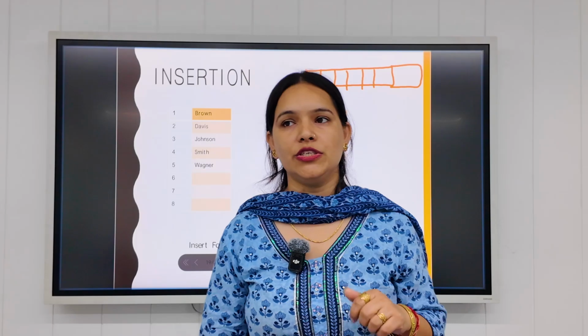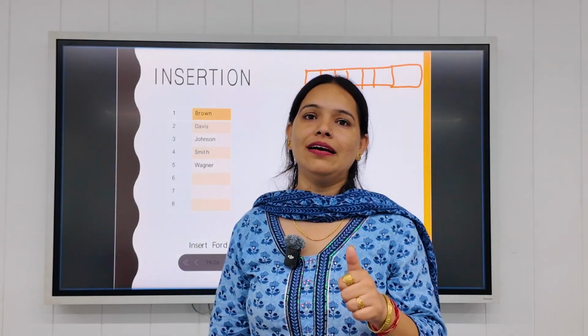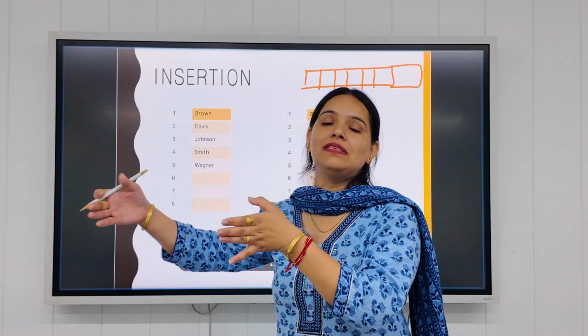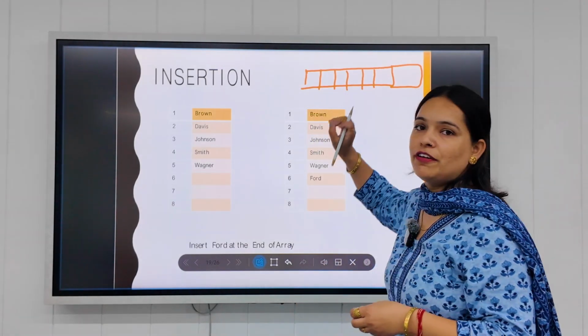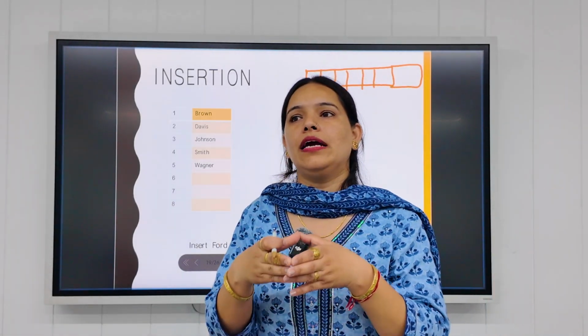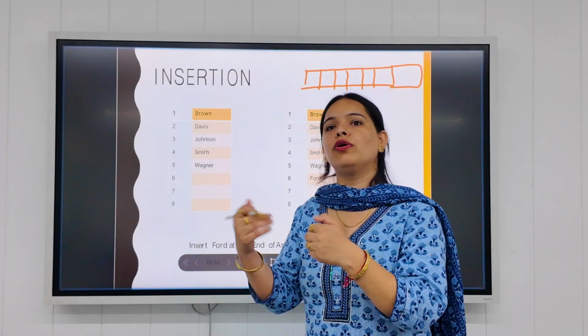What is overflow condition? Overflow condition is just to check that our insertion process does not exceed the capacity of that data structure. Let's suppose I am having an array of size 5 and that array is occupied already, and I want to add some more items.